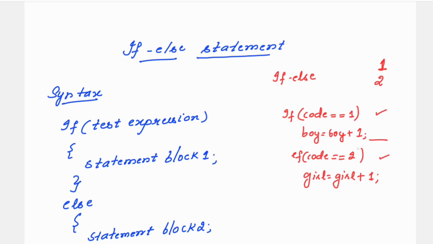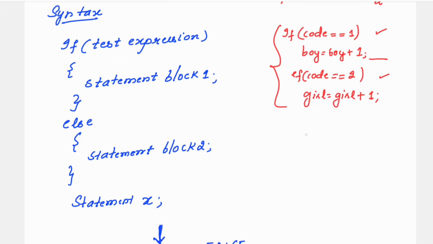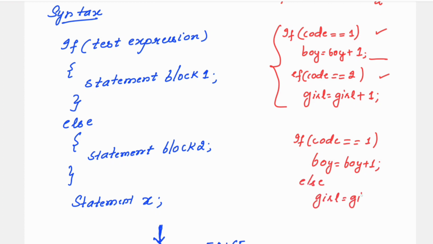So this way we are checking and increasing the count of boys and the count of girls. Do you think the condition has to be checked two times? We can perform the same task by writing just one condition. If code is equal to 1, boy equal to boy plus 1, else girl equal to girl plus 1.